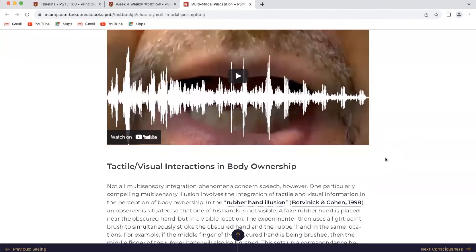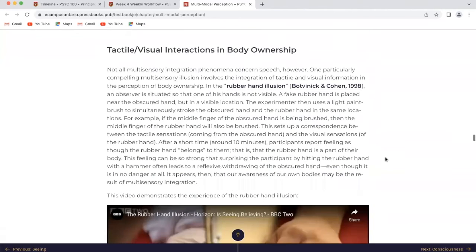Tactile visual interactions in body ownership. Not all multisensory integration phenomena concern speech, however. One particularly compelling multisensory illusion involves the integration of tactile and visual information in the perception of body ownership. In the rubber hand illusion, an observer is situated so that one of his hands is not visible.